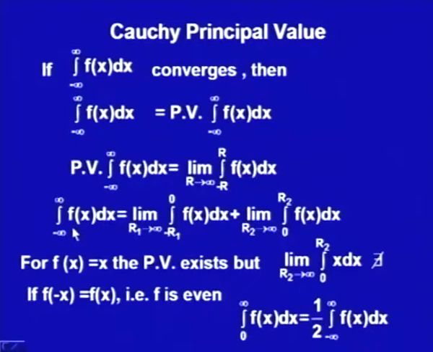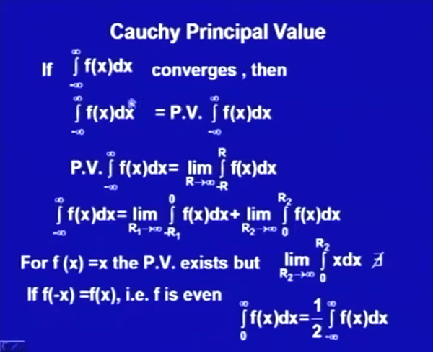That says that my improper integral from minus infinity to plus infinity f x dx would be convergent, and the value of the integral should be the sum of these two limits. What are these two limits? This limit is nothing but half of the limit as r approaches infinity, that is, half of the Cauchy principal value, and that is the same over here. So, the sum of them is again the Cauchy principal value.